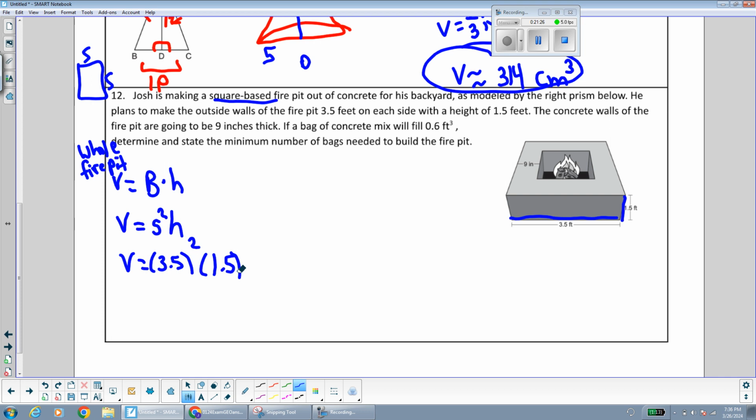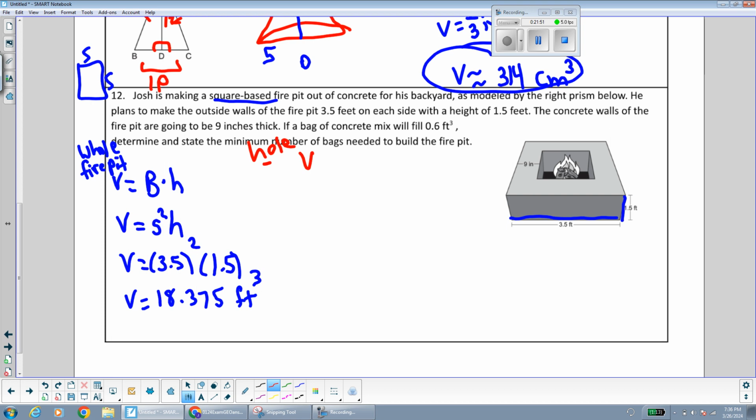Let me put this into my calculator real quick. And I got 18.375 cubic feet.